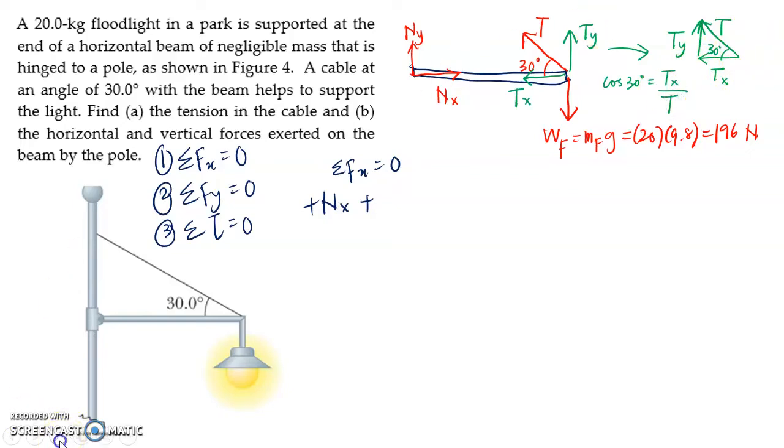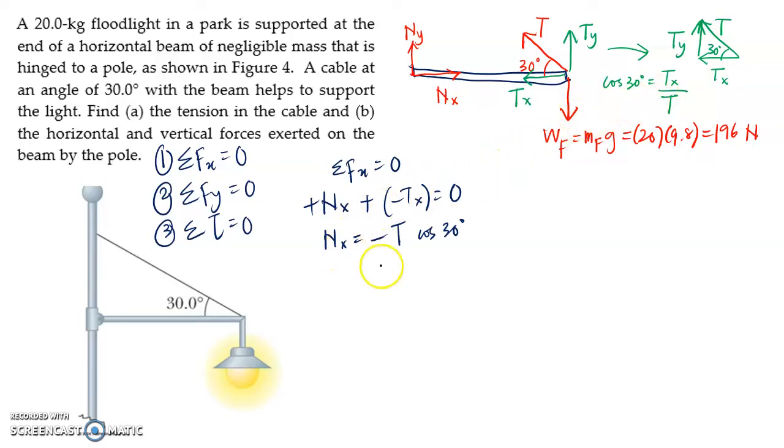So moving back to our solution, total force along the x component is going to be Nx plus the negative direction of Tx equal to 0. So in the end, Nx is equal to negative Tx, or negative T cos 30 degrees, based on this derivation.